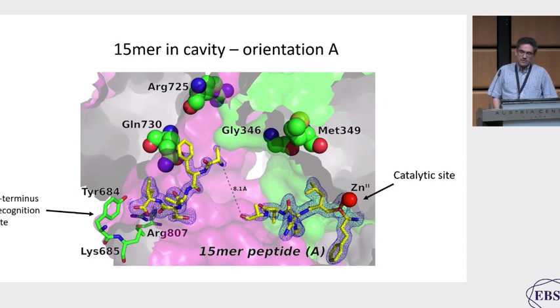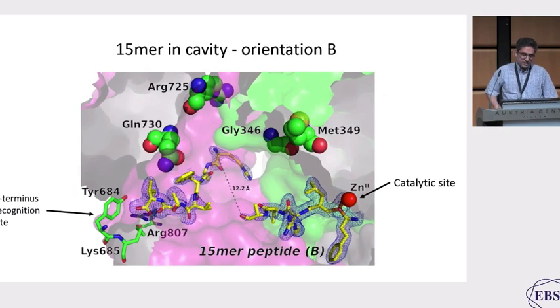This was a different trajectory compared to the other peptide, but again, it was not the only one. We had an alternative conformation that indicated that the middle of the peptide was rather flexible, but the ends were restricted to binding these two sites, the catalytic site and what we call the C-terminus recognition site.